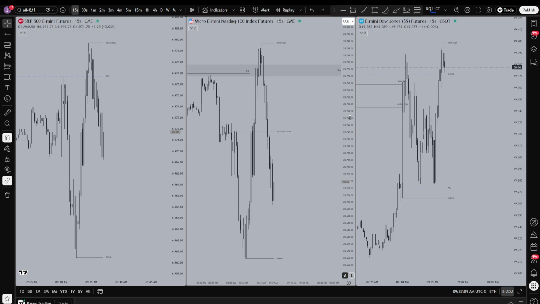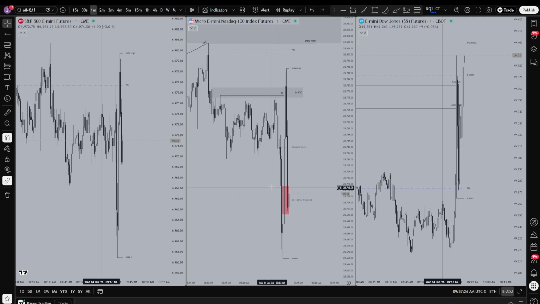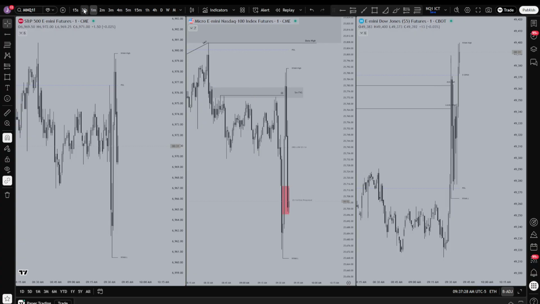So, I'm assuming. Yeah, didn't close the gap there. This is still hovering inside of it too.